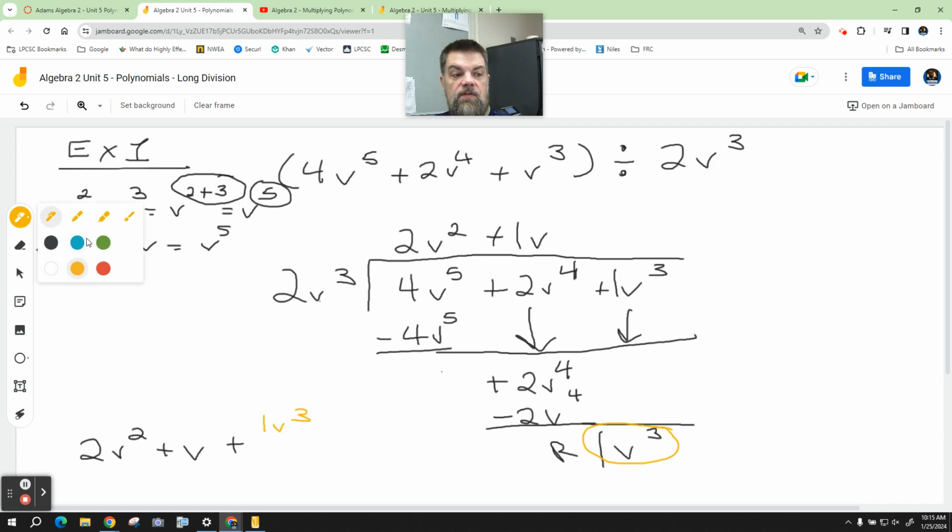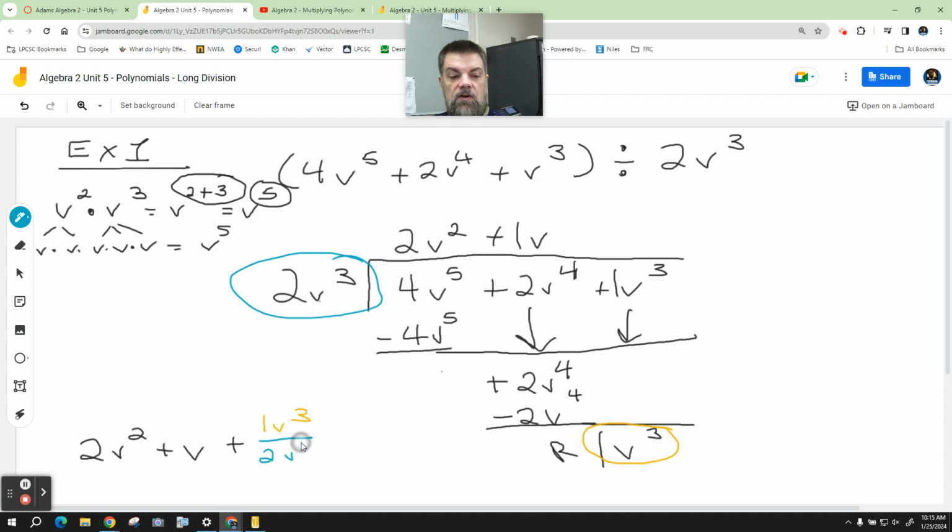And then that goes over the divisor, which is 2v cubed. Can I reduce that fraction? Sure. V cubed. What's v cubed divided by v cubed?